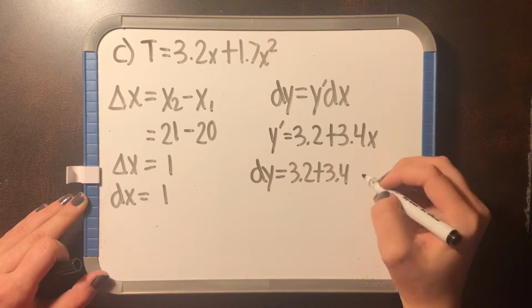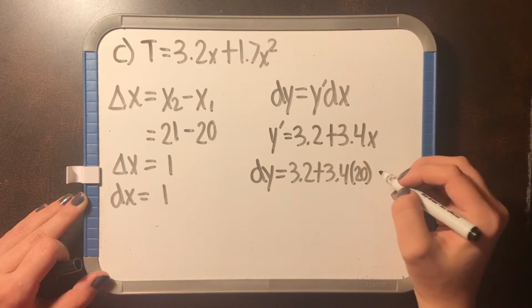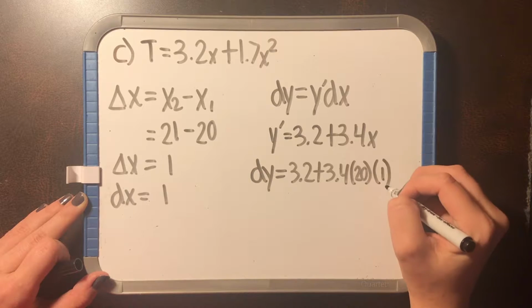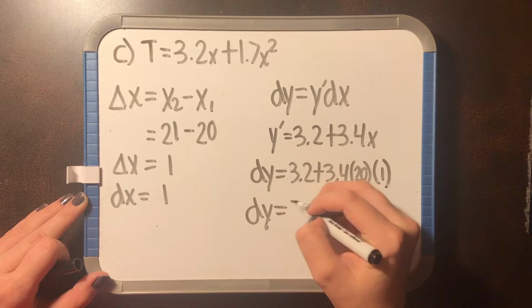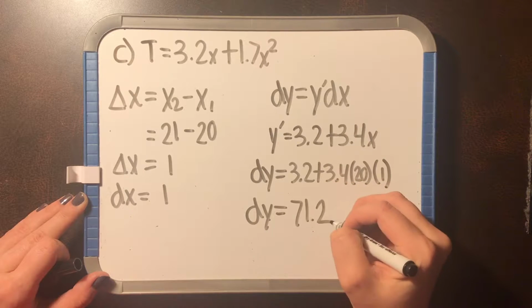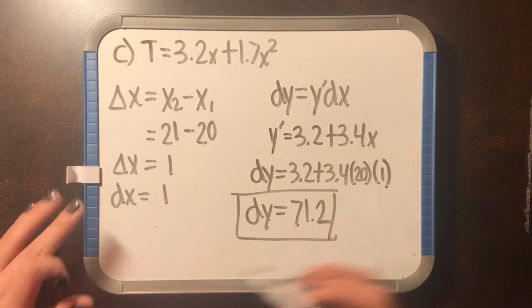Where there's an x, we use our x1, which is 20, and then we multiply times our dx, which is 1. So this gives us 71.2, and this is our approximation. The percentage represents the change from 21 miles per hour to 20 miles per hour.